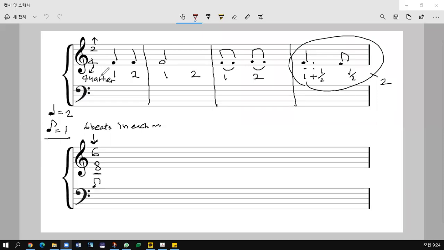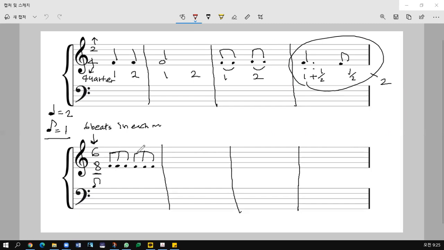Okay, so here, let me give you some example. So in this song, you see the time signature 6/8, then quarter is no longer 1 beat, okay? Eighth note gets 1 beat. So here, 1, 2, 3, 4, 5, 6, okay? And I'm just gonna link eighth notes here.